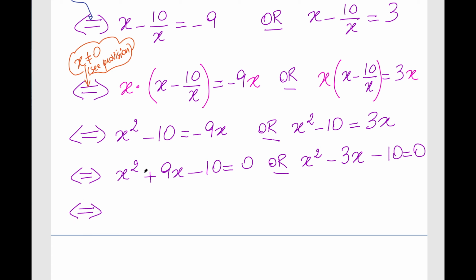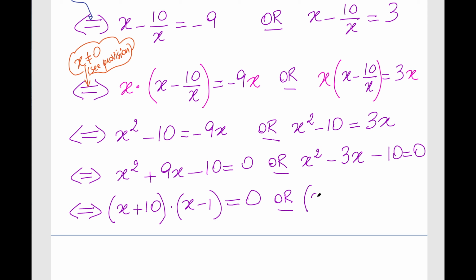And this is equivalent to, so we can use the quadratic formula for this, but this is not too bad to factor. This is x plus 10 times x minus 1 equals 0. Or similarly here, you can either use intuition or the quadratic formula.